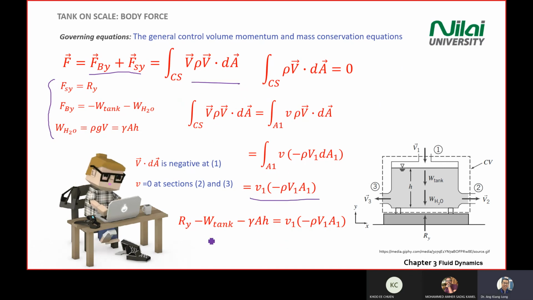So that's why you arrive at the last equation that you see on the screen here. You have Ry minus W tank minus W water, or specific weight of the water times the area of the tank times the height of the water. Okay, so you have the equation over here.